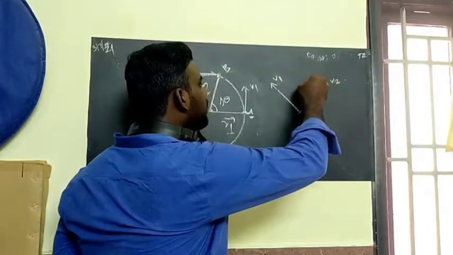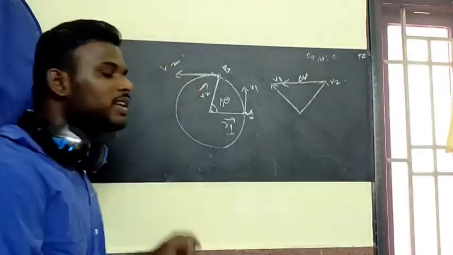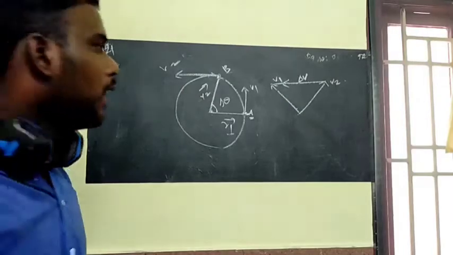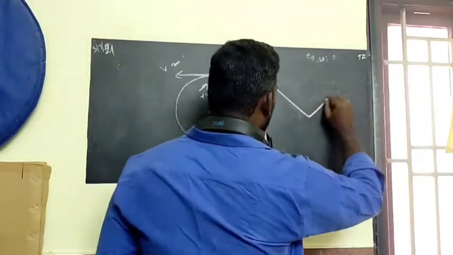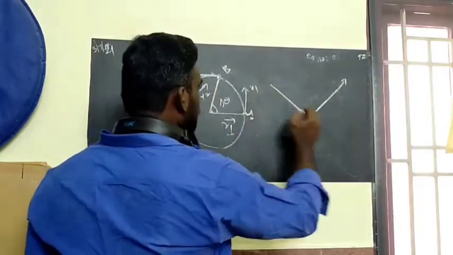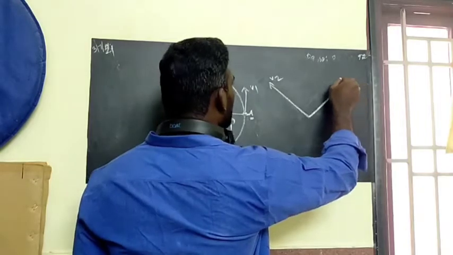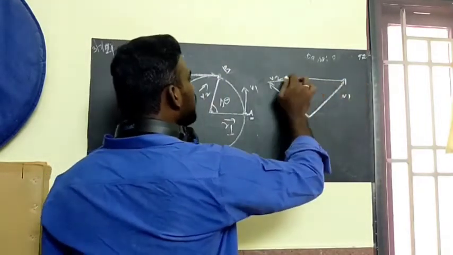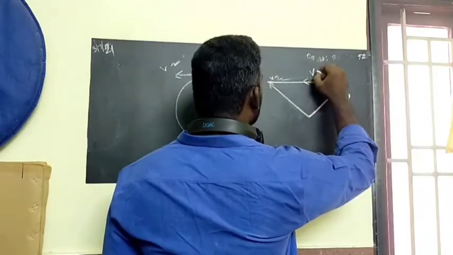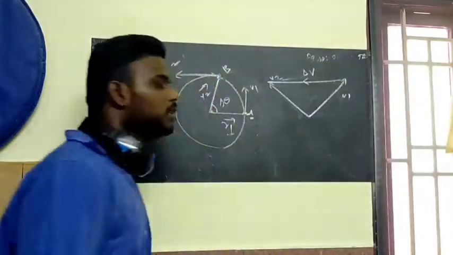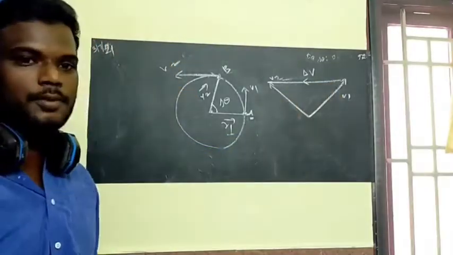This will be the change in velocity. Take a straight line, and this will be the direction of the changing velocity. The velocity changes from V1 to V2, and that change is acting along this direction.